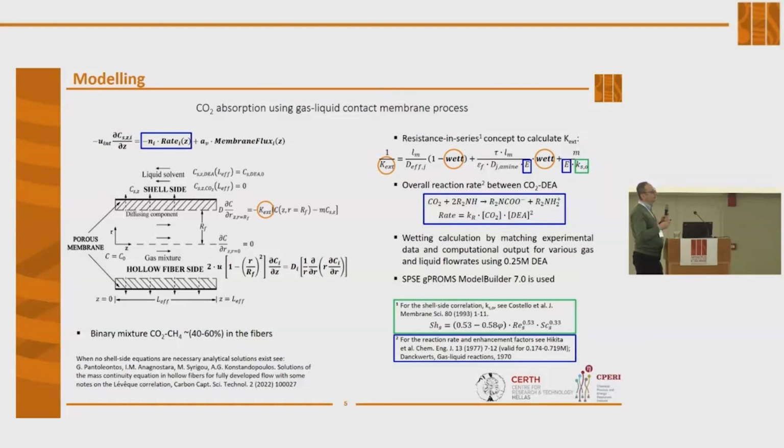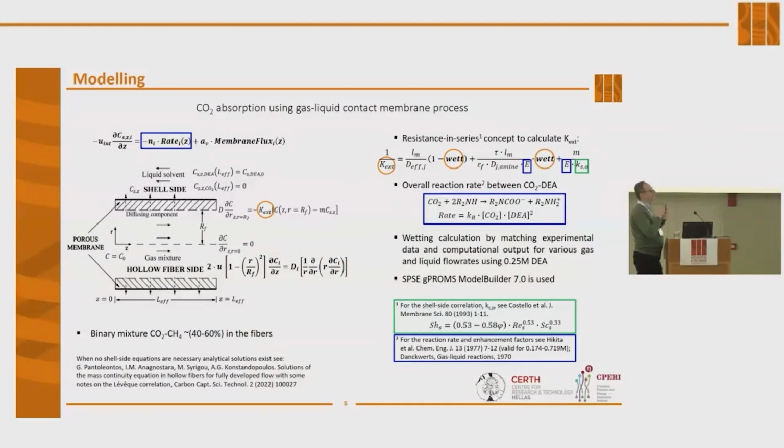We need to put a parameter that has a physical meaning in the membrane equations that slows down mass transfer. So what we were doing is to find the wetting values for each experimental set, which matches so that the experimental data are matched with the developed model.